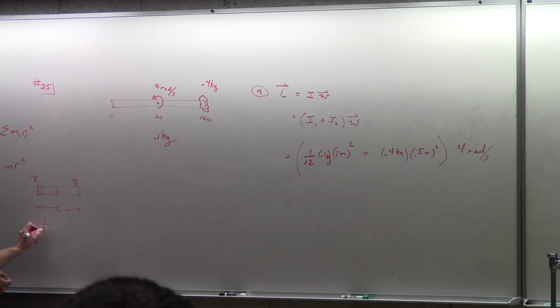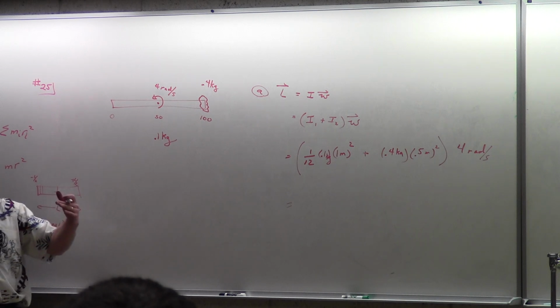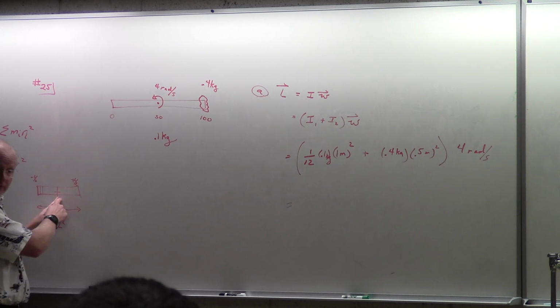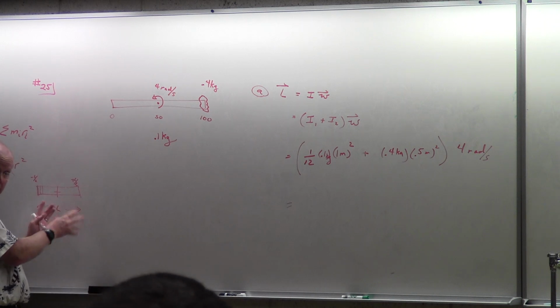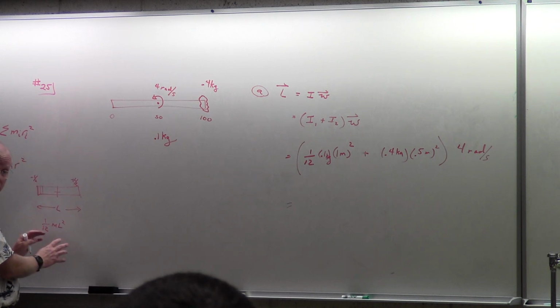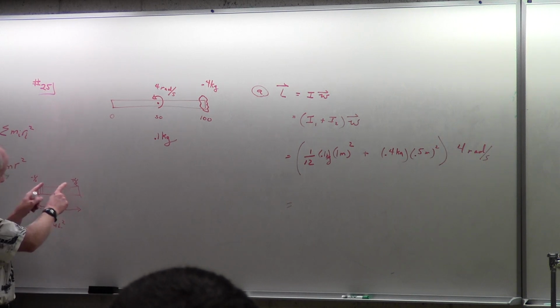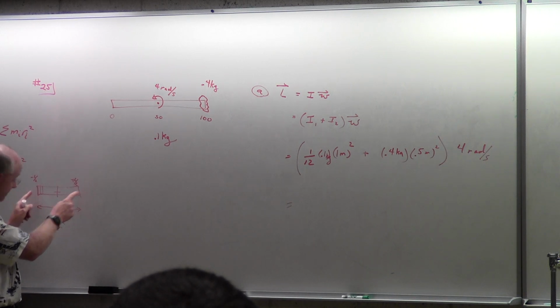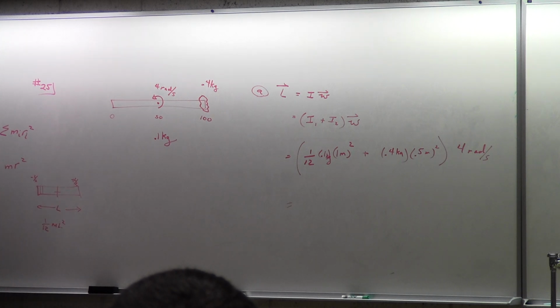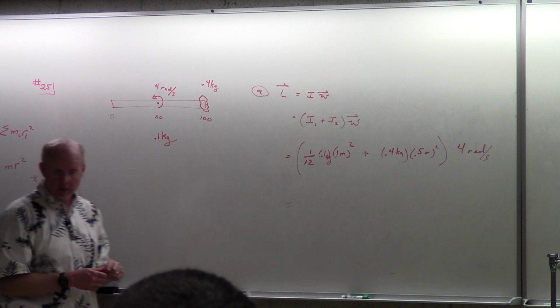And when we were all done, we got 1/12 mL squared, L being the whole length of the rod, even though the farthest piece was only L over 2. And the whole reason the L is there is because that's how we added it in proportions of the L. And that's why the 1/12 is there, because we've got the halves that are squared.